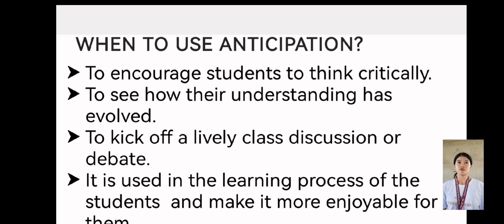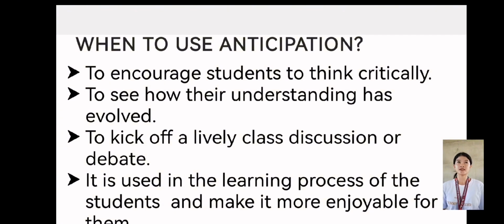As I said earlier, the teacher will give statements to the students, and the students will answer if they agree or disagree. After that, the teacher will read a story, and after reading the story, they will still have statements, and the students will answer again if they agree or disagree.